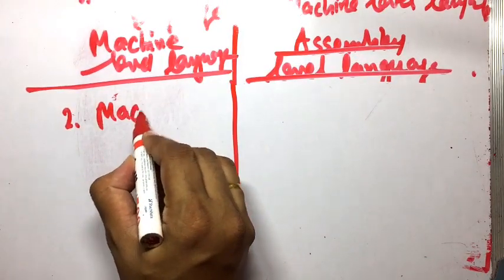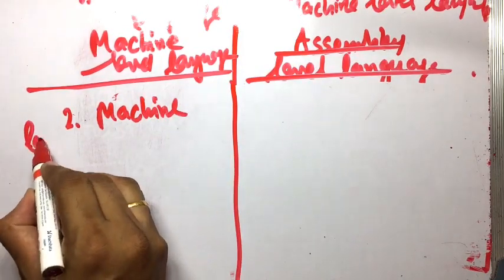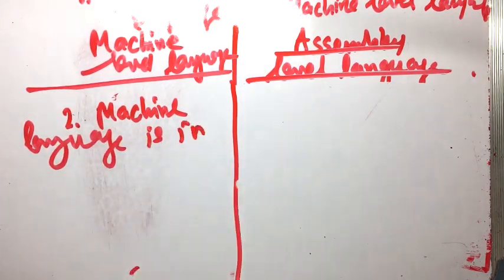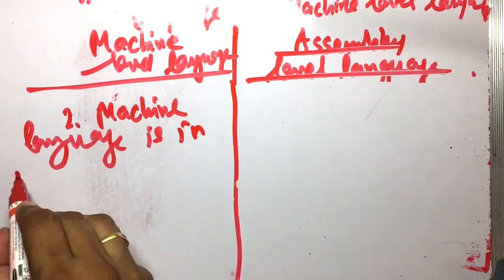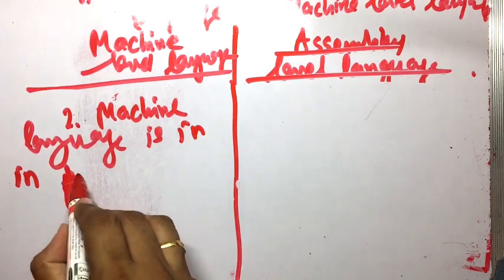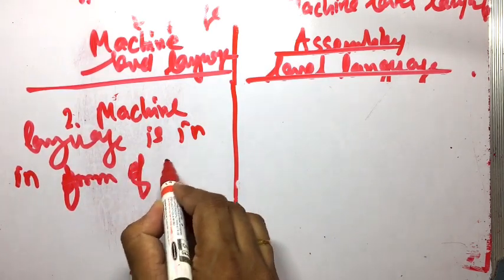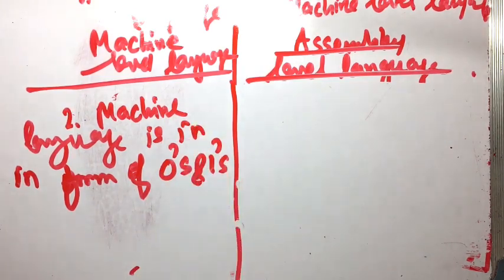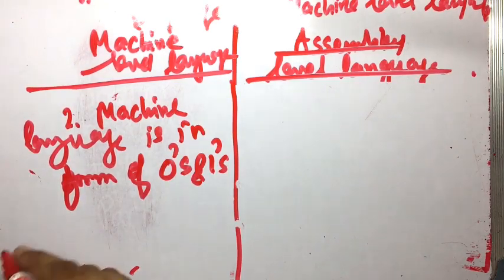Machine language is in the form of zeros and ones.